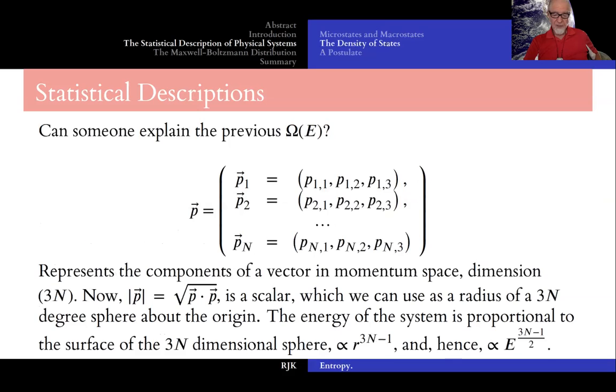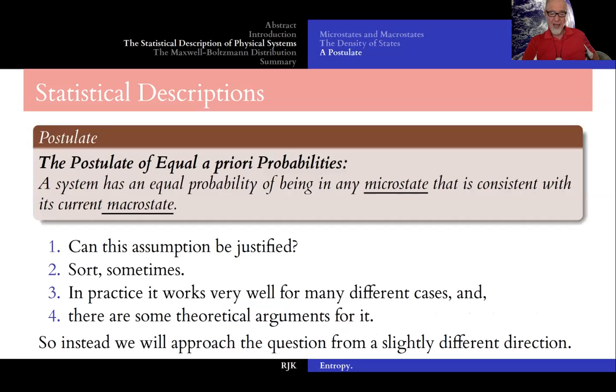So we said there was a sphere of possible microstates, okay? And in fact, it's a sphere in a 3n dimensional space. So every one of those momenta along the surface are assumed to have the same probability.